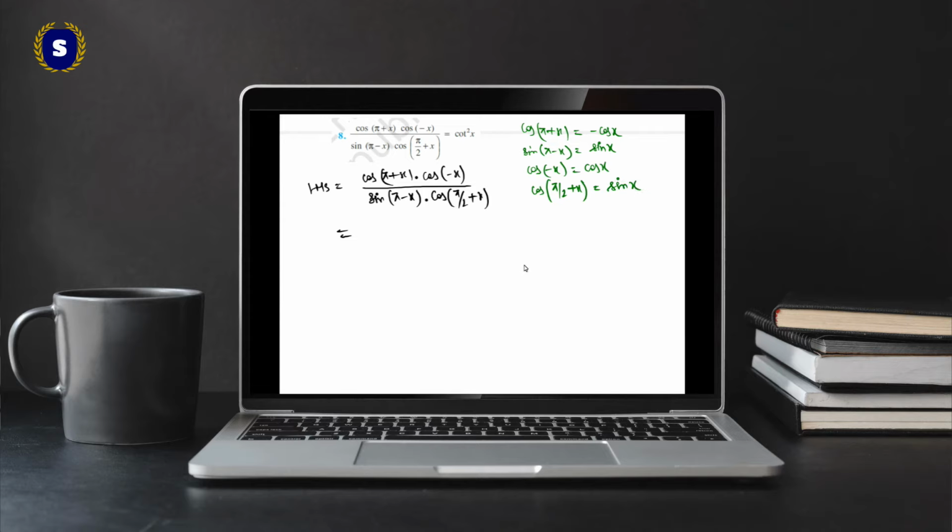Let me substitute these values in the given question. This will become minus cos x, this will become cos x, upon sin x, and sin x. Have I made some mistake? Let me find.